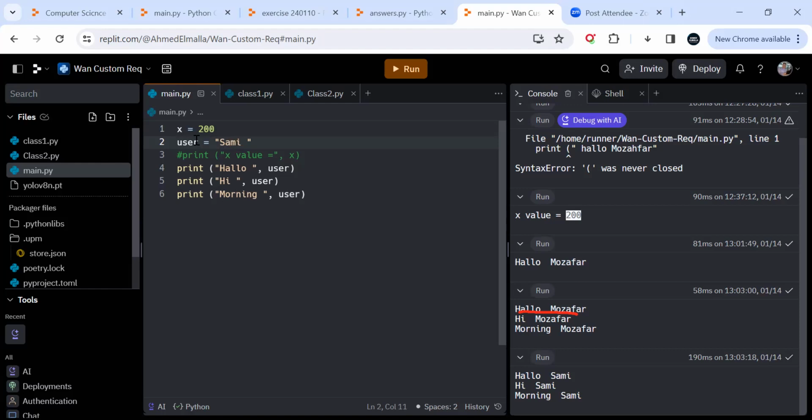If I didn't use a user variable, if I wanted to change it, I would have to go to every line and change, oh, hello Sammy, and then here, hi Sammy, and then here, morning Sammy. So instead of making trouble for myself by fixing whatever needs to be printed, I make it smart, and I only need to change it in one place.